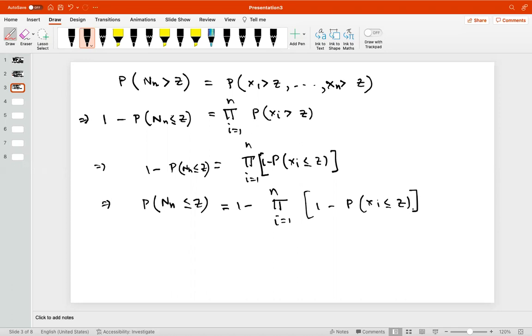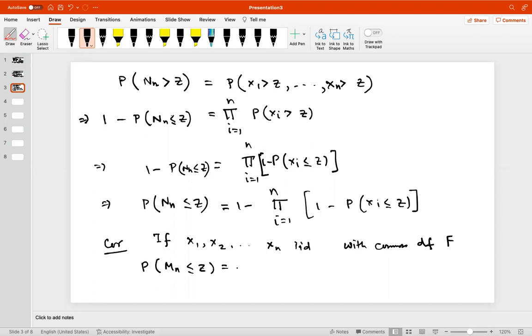So this is very important, and a very important corollary is this: if these are independent with a common distribution, that means IID, independent and identically distributed with a common distribution function, say F, that means the probability of Xi less than or equal to z is F(z). Then the distribution function of Mn, the maximum value, is just F to the power n.